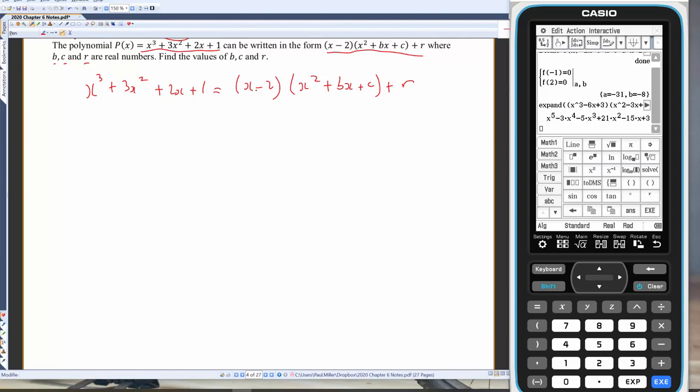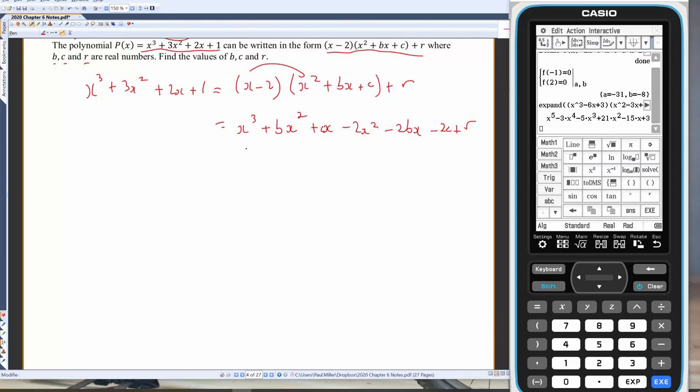So I'm going to expand this out. That's going to be x cubed plus bx squared plus cx take 2x squared take 2bx take 2c plus r.